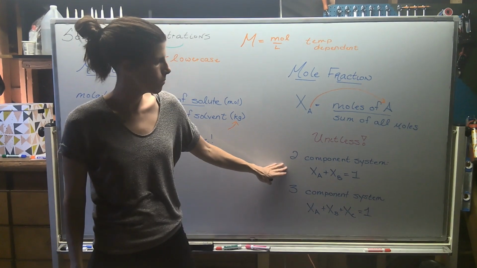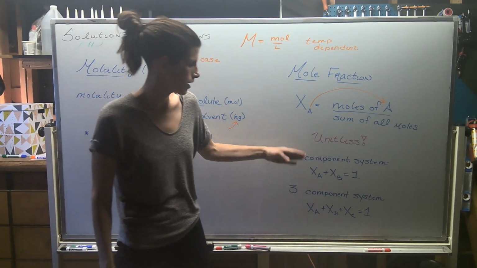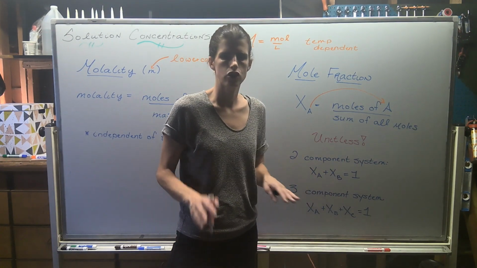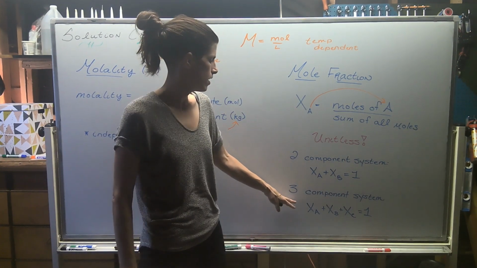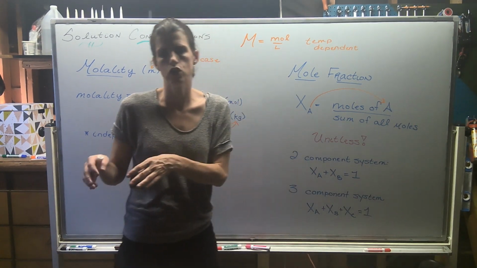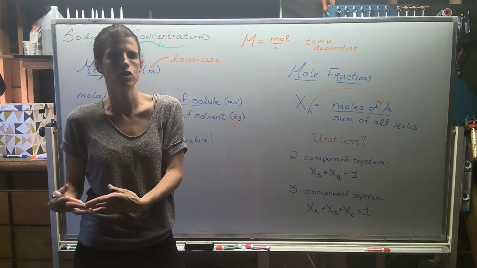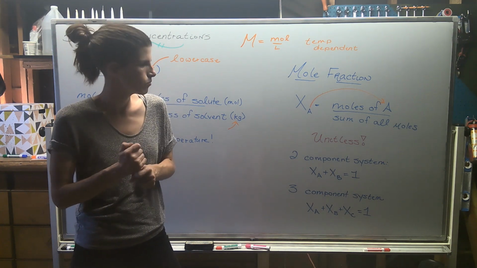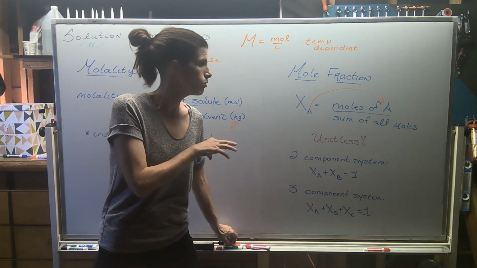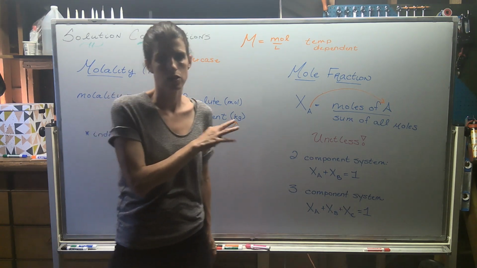If you have a 2-component system, like a solute and a solvent, when you add up their mole fractions, they should equal 1. And we can keep on extending that. 3 components, you add up the mole fraction of each of the 3 components, and altogether they should equal 1. Again, a super handy value to use, especially with our gas law material.